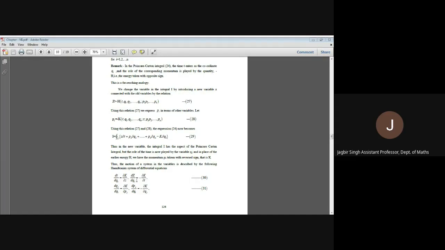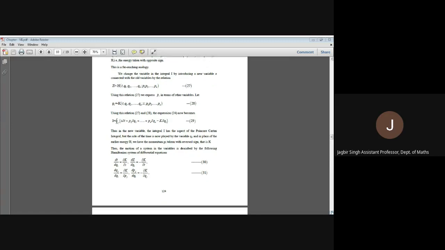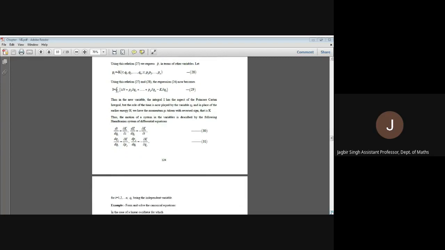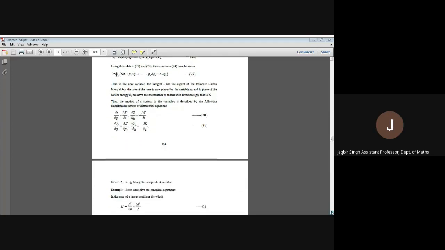So, replacing all the roles, we obtained this equation. And the second one is dZ by dq1 is equal to minus curly k by curly t. So, we have just interchanged the roles of the variables. And now these equations are obtained, that is 30 and 31.